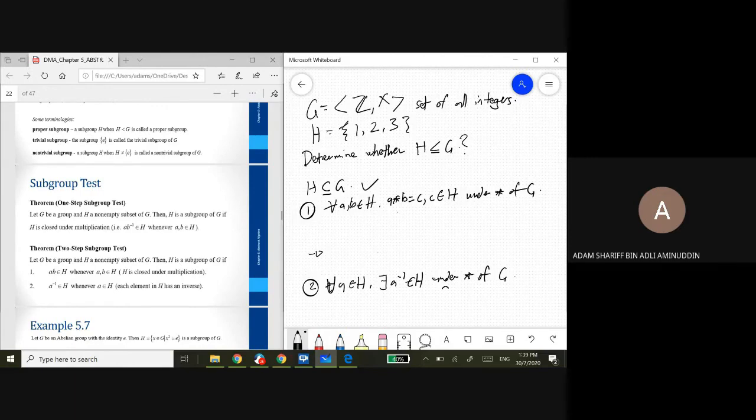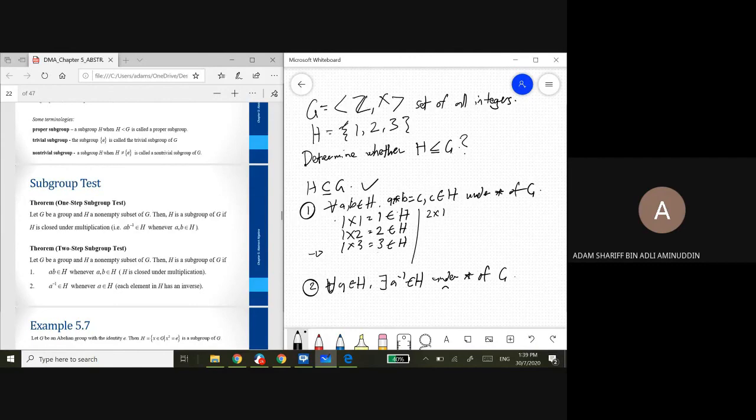But the difference right now is here: for every 2 elements in H, a binary operation will produce C, and C must also be in H. 1 times 1 is 1. 1 is in H. 1 times 2, 2 is also in H. And 1 times 3 is also 3 in H. No problem here, except when you arrive at this particular point.